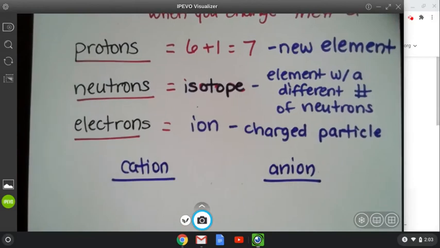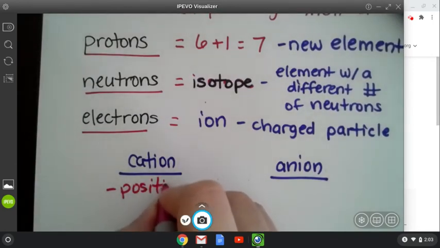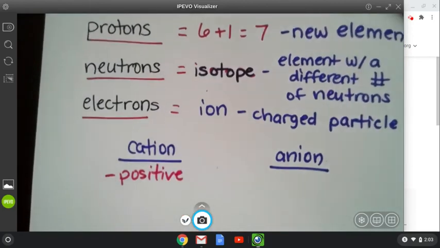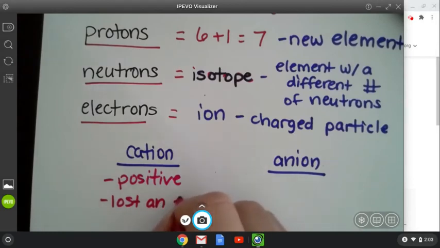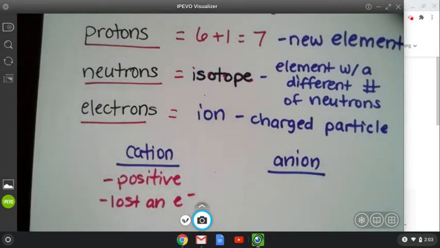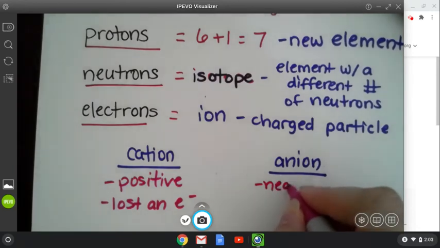The way I remember these, cats have paws. So a cation is a positive ion. It's positive, which means it has lost an electron. That's a cation. Anion kind of looks like onion. Onions make people cry, so we think of negative. So an anion is negative.